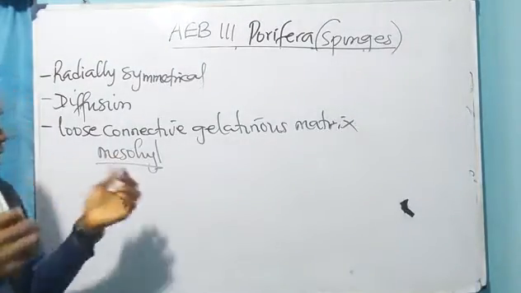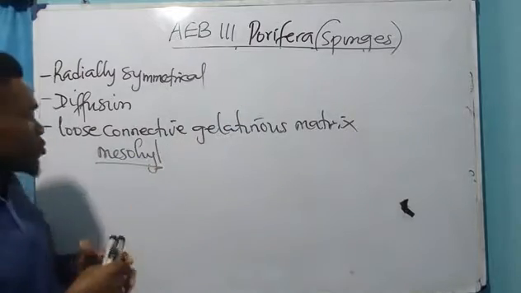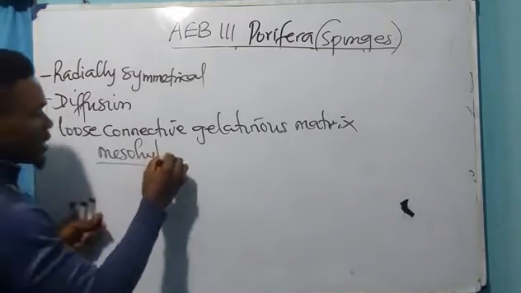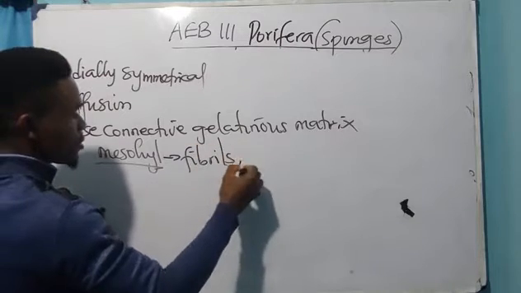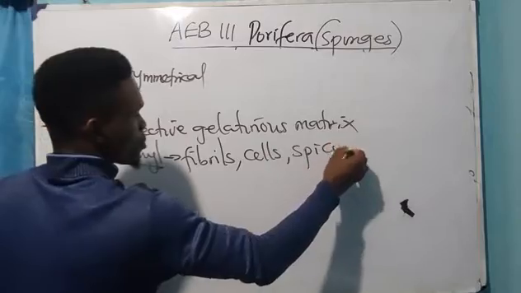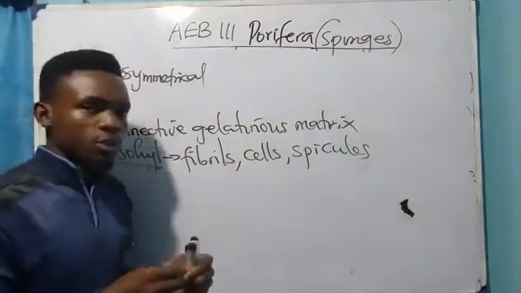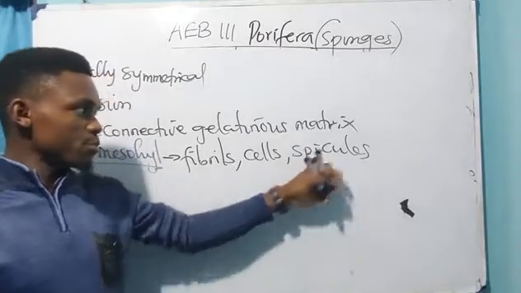They are just loose. The mesohyl is made up of fibrils, cells, and spicules. Now, these spicules are actually the skeletal material of sponges.